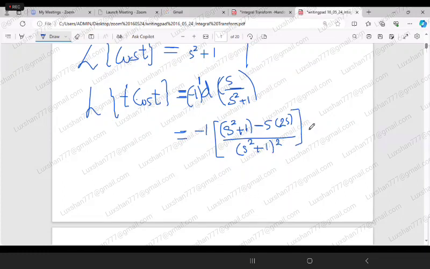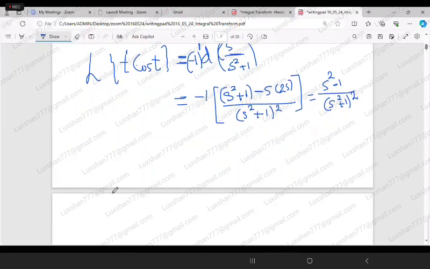Okay, so if you simplify this, you will get s squared minus 1 over s squared plus 1 whole square. Sorry, it should be minus 1, there's a minus. So it is minus of s squared minus 1 over s squared plus 1 whole square.